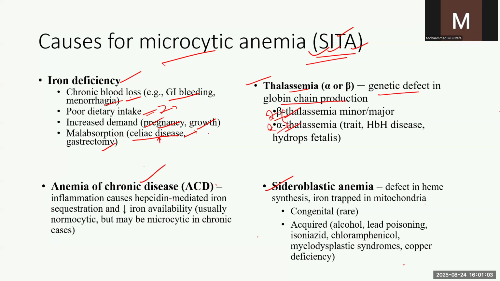Next, we have anemia due to chronic diseases. So the presence of chronic diseases like CKD and liver diseases. The liver will secrete a protein, that is hepcidin. The functions we are going to see in the pathophysiology. And also in CKD, erythropoietin is a protein which will be released from the kidney.